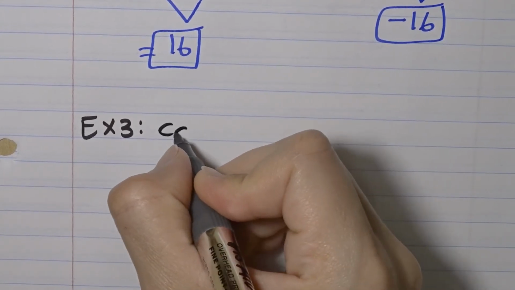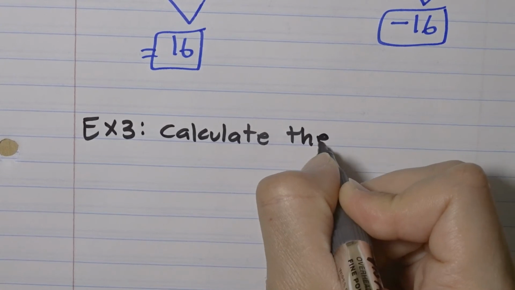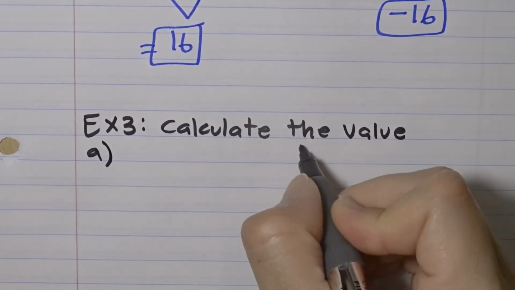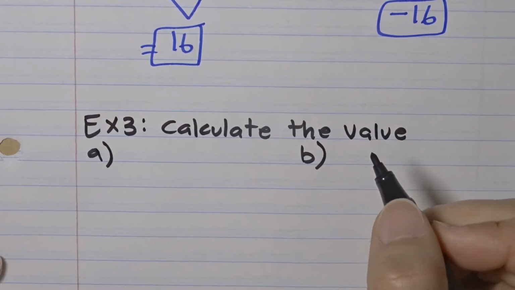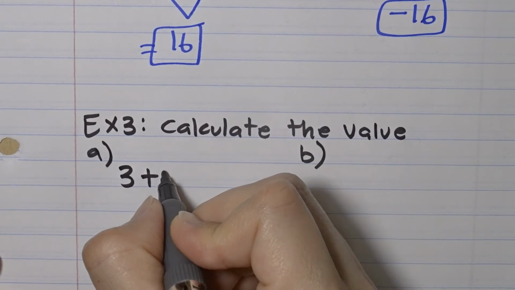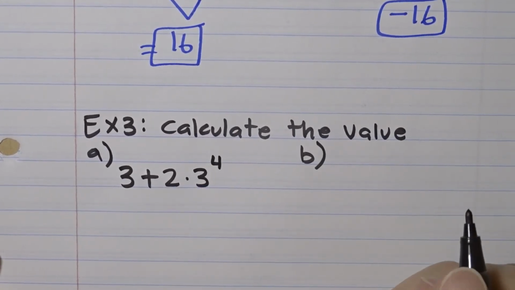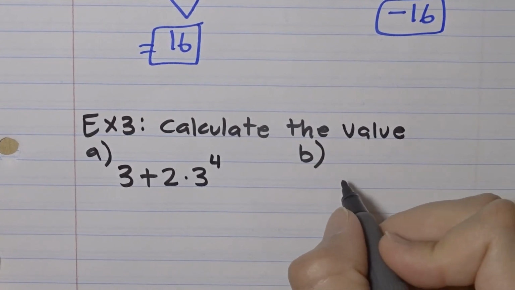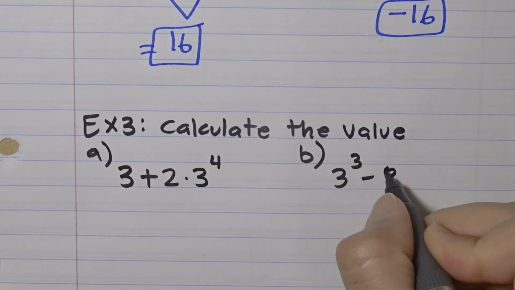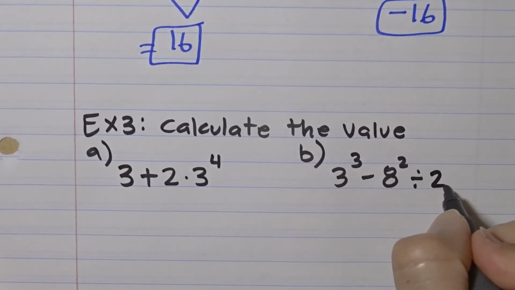So calculate the value of A, and another example B. A says 3 plus 2 times 3 to the 4th power. And example B says 3 to the 3rd power minus 8 to the 2nd power divided by 2.